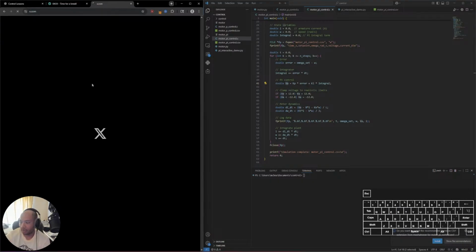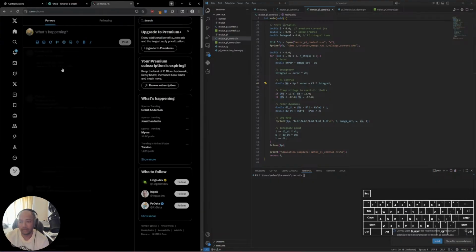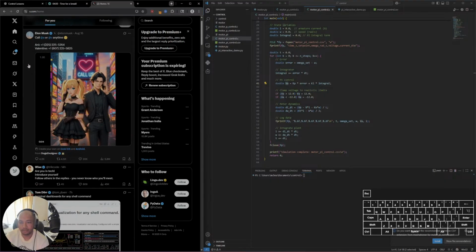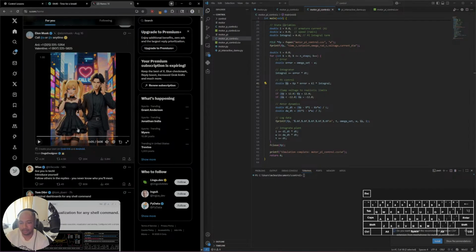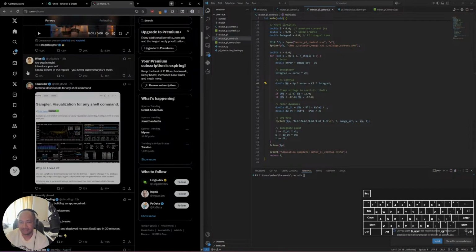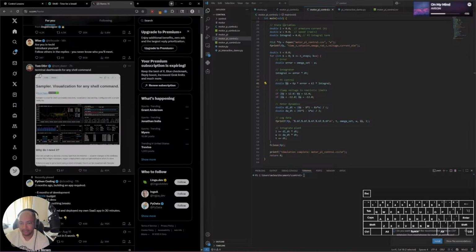I like to check Twitter when I've got nothing else going on. This isn't like, bro, what's Elon doing? Terminal dashboards for any shell command.